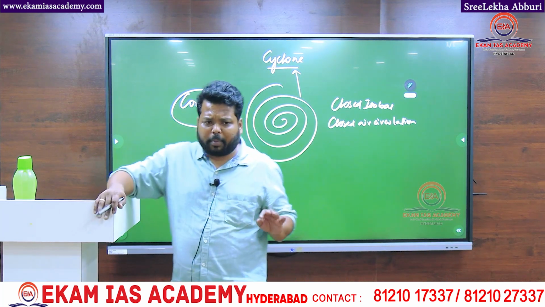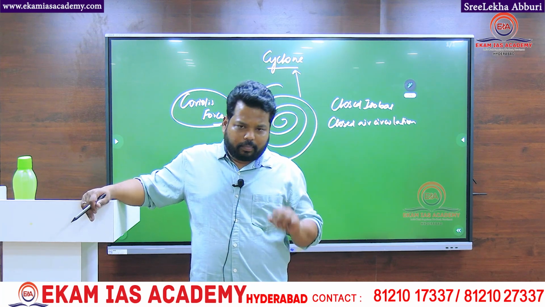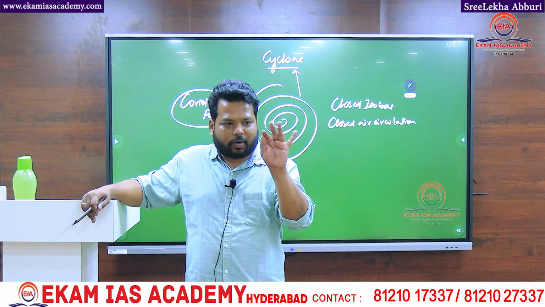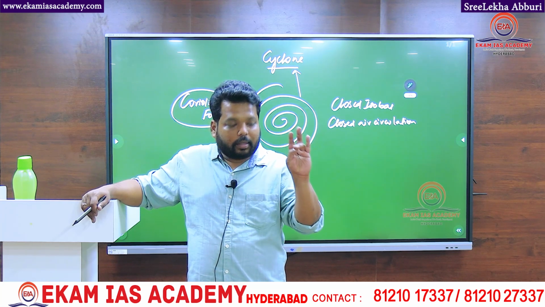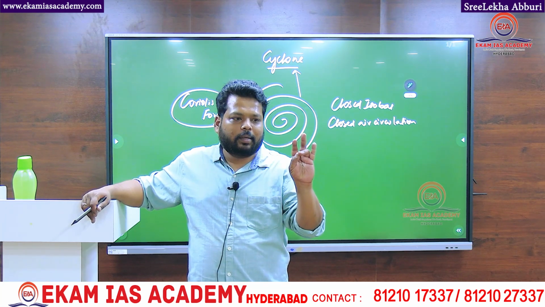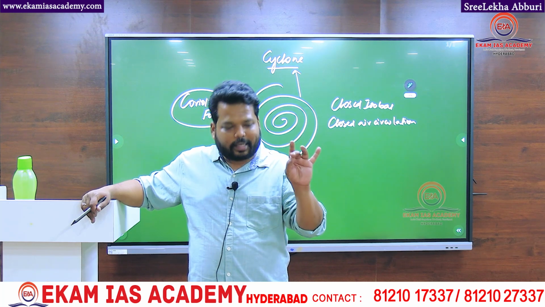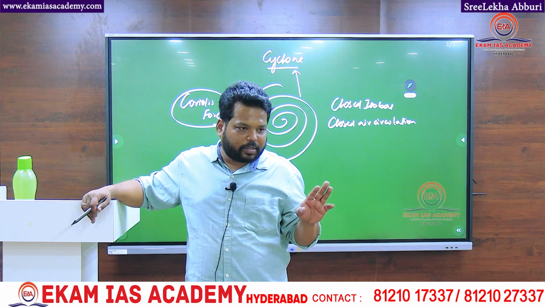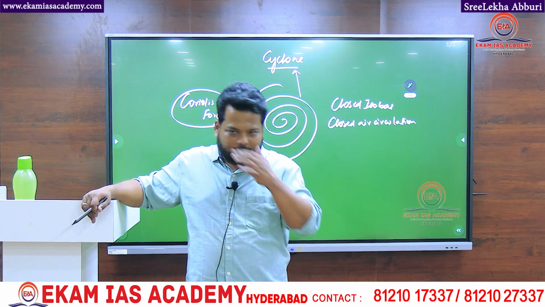While I was discussing temperature inversion, I gave you three basic ideal conditions. What were they? Longer nights, clear skies, stable air. These are the three conditions because of which temperature inversion happens, right?